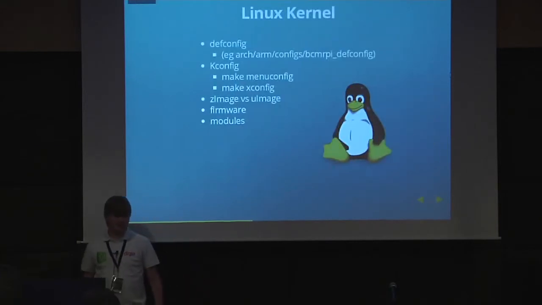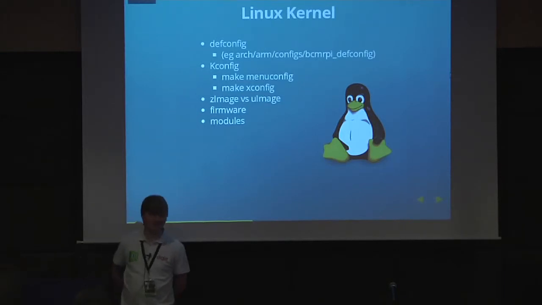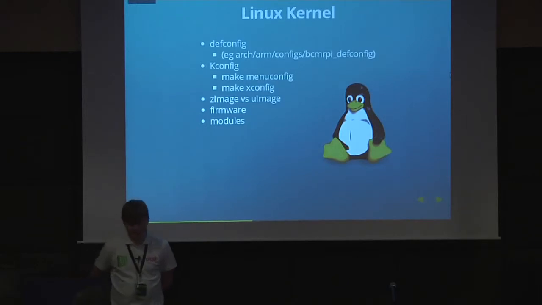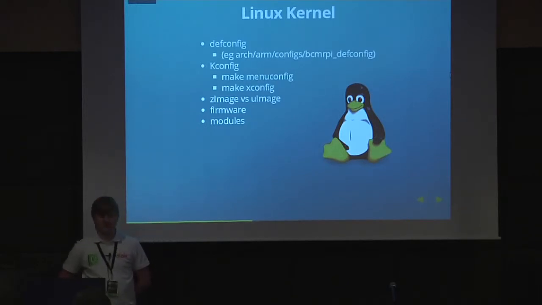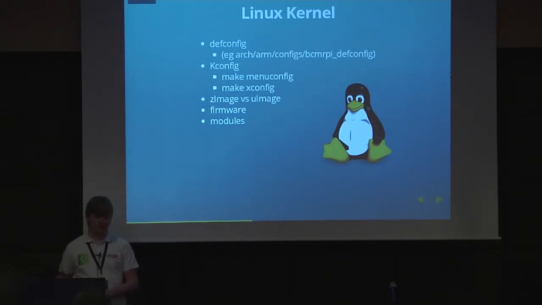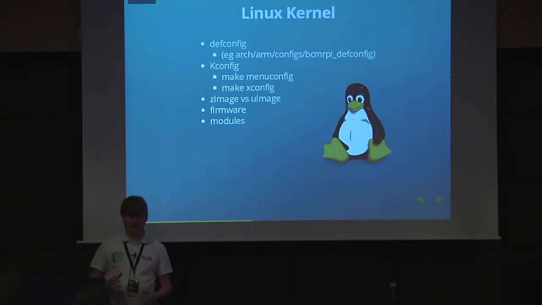The next thing, of course, is the kernel. This is responsible for then exposing all of the functionality of your hardware to your OS. Some of the things to keep in mind with the Linux kernel is that you're able to customize it. And for each given piece of hardware, many manufacturers will provide default configurations for the standard Linux kernel. And they'll either do this in conjunction with other patches that they need to make to the kernel or make available for the kernel.